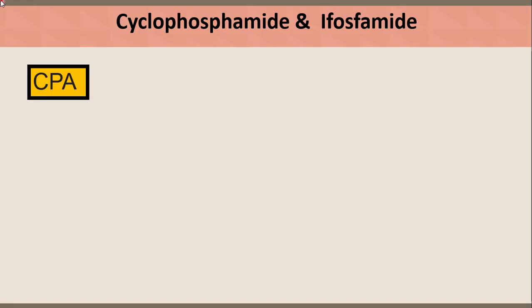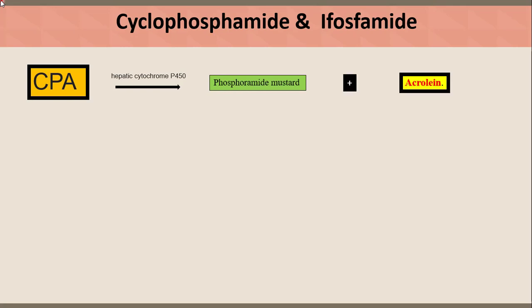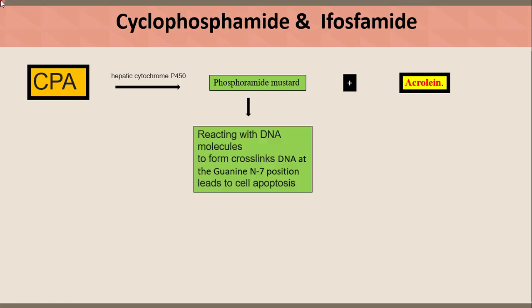Let's get started. Cyclophosphamide is converted by hepatic cytochrome P450 to its metabolites, phosphoramide mustard plus acrolein. The active metabolite, phosphoramide mustard, reacts with DNA molecules to form crosslinks at the guanine N7 position, which leads to cell apoptosis and eventually to anti-neoplastic effects.